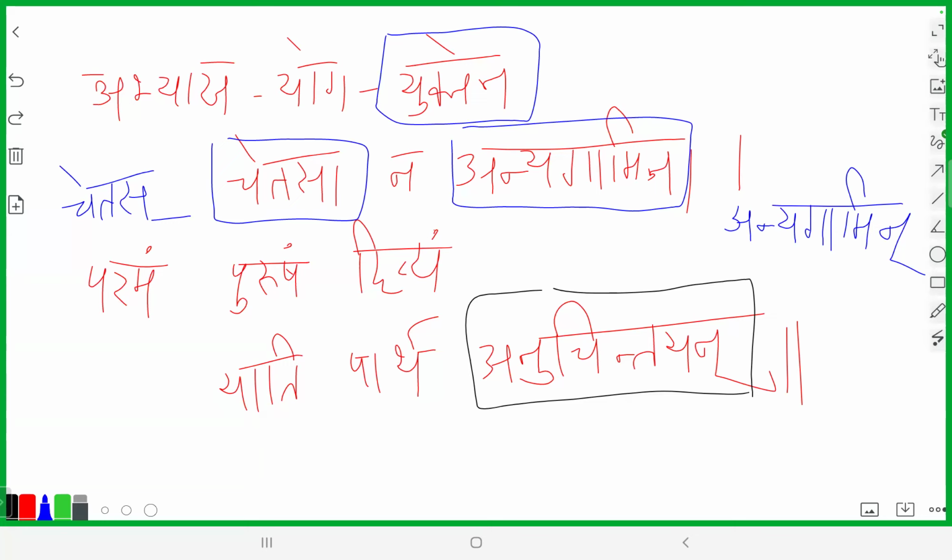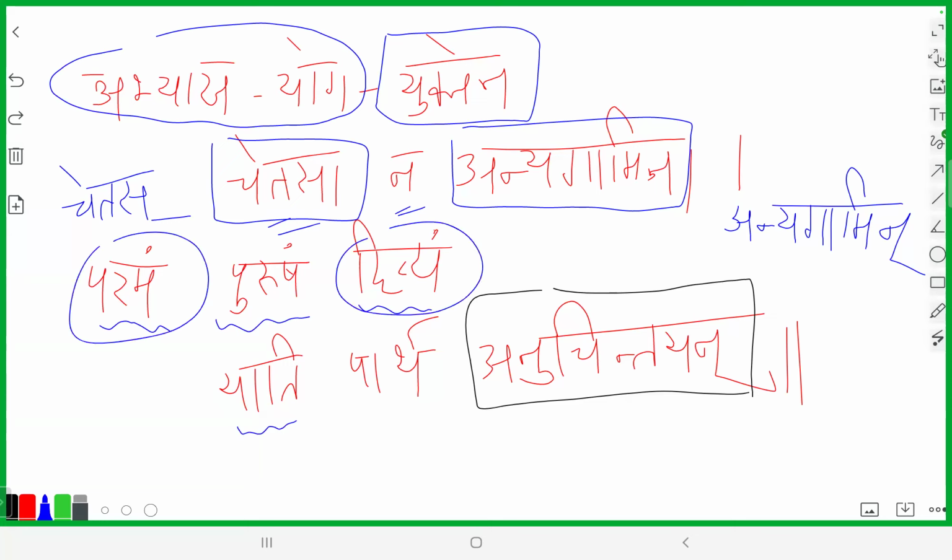Na Anyagamina, the one who is focused, the one with the focused mind, with Abhyasa Yoga, with practice. What happens to him? Paramam Purusham Divyam Yati. He goes to the divine, ultimate Purusha. Fine?